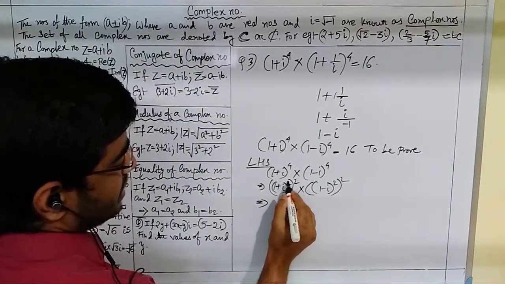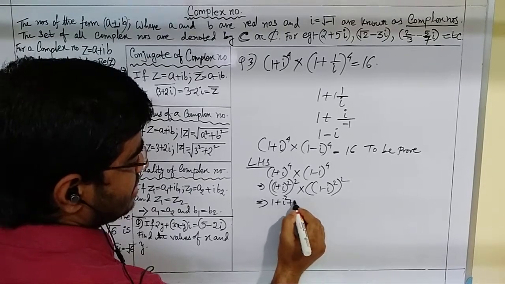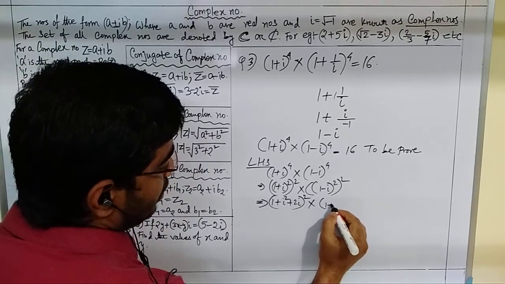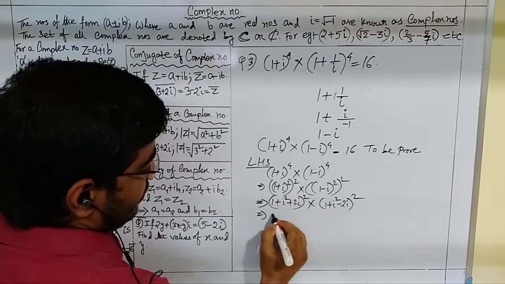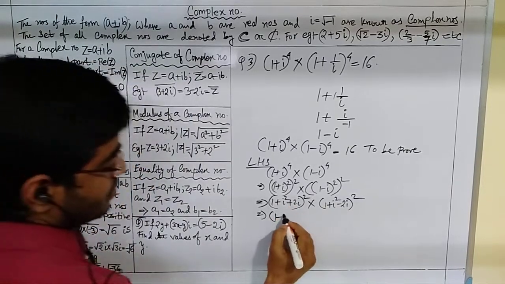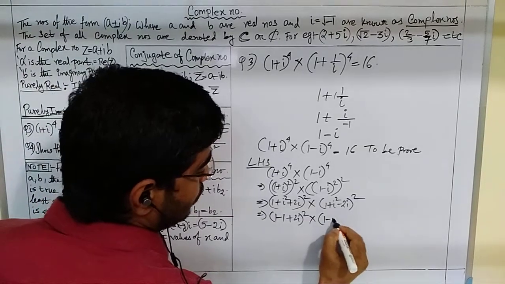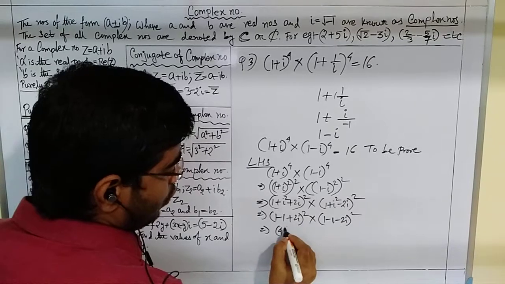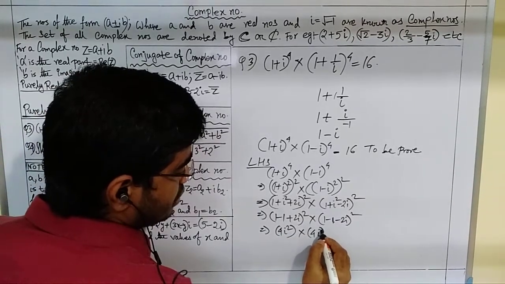So 1 plus i whole square means 1 square plus i square plus 2i, whole square, into 1 plus i square minus 2i, whole square. So this will give us, i square is minus 1, so 1 minus 1 plus 2i, whole square, into 1 minus 1 minus 2i, whole square. So this gives us 4i square into 4i square.